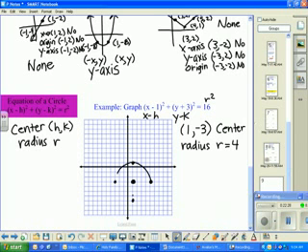And then try as best you can to draw your best circle. I do have a circle tool, but that you don't have at home. So there's a lot of information in this section. Make sure you're also using your book as a resource and ask if you have any questions.